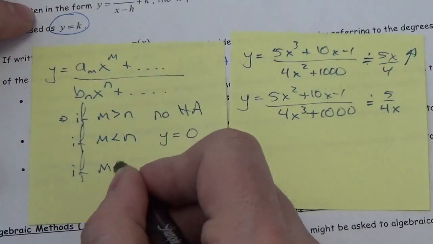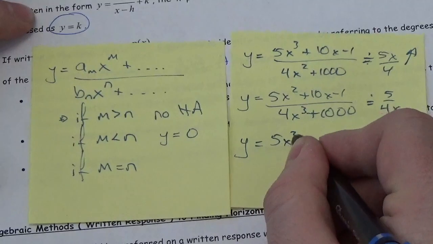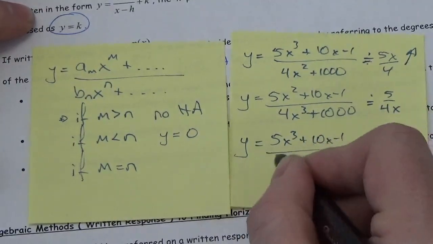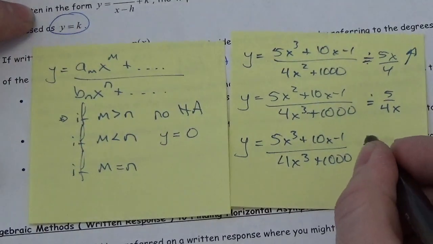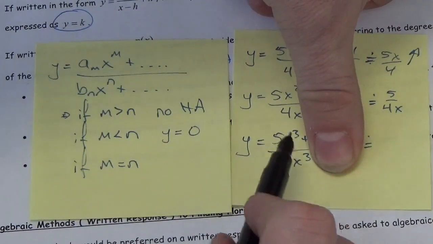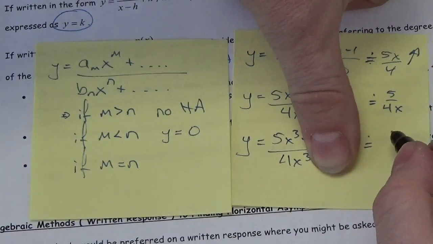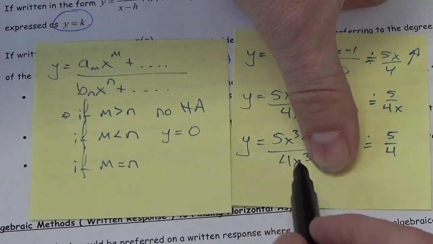If the degrees are the same, like 5x cubed plus 10x minus 1 over 4x cubed plus 1,000, once again these terms over here don't mean anything when x gets really, really big. Because the numerator and denominator grow at basically the same rate, I can cancel the x's.